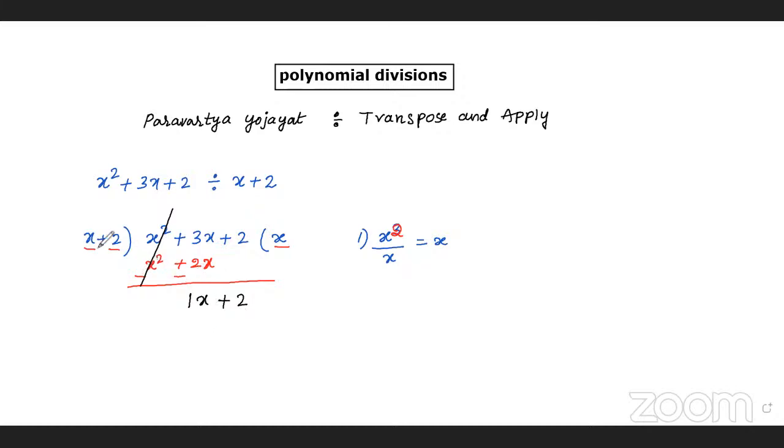See, after multiplying divisor terms with the coefficient digit, we are changing the sign. If it is positive, we make it negative, and negative into positive. So that is called Paravartya Yojayet. In division, we can use this formula because one sign is changed into another sign.